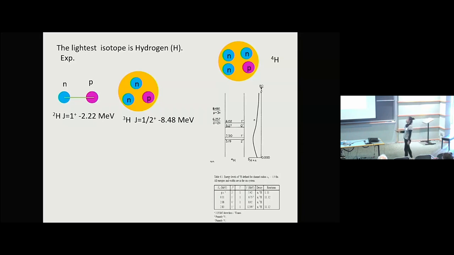We can add one more neutron to the deuteron, and this is the triton. This is experimental data. One can add one more neutron, and this is hydrogen 4. These are the experimental data.